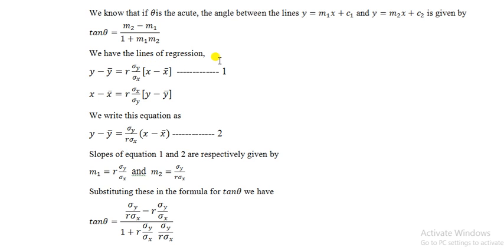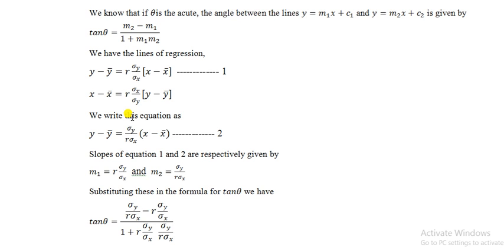I already know the formula for lines of regression: y minus y bar is equal to r into sigma y by sigma x into bracket x minus x bar. Say equation number 1, and another one is x minus x bar is equal to r into sigma x by sigma y into bracket y minus y bar.